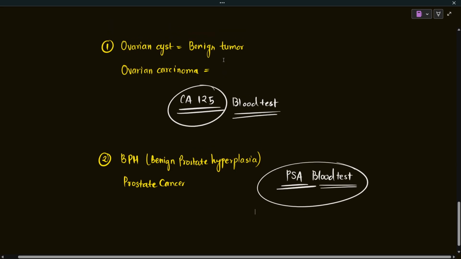So other than this, there is osteochondroma and osteosarcoma. The osteochondroma refers to the pain and swelling in bones. So this is the benign tumor, and the osteosarcoma is obviously the cancer related to bones. So that can be identified by X-ray, MRI, and obviously biopsy.